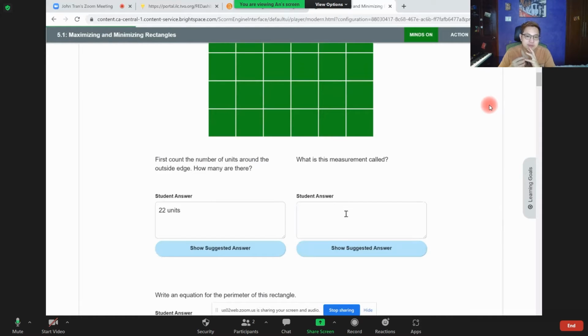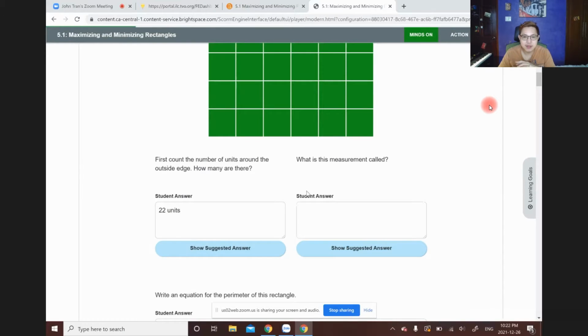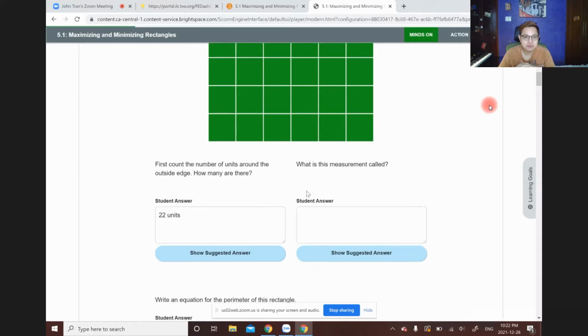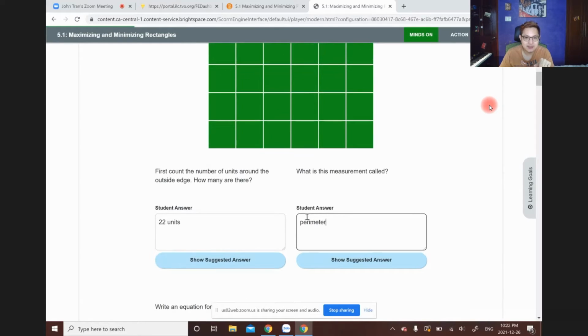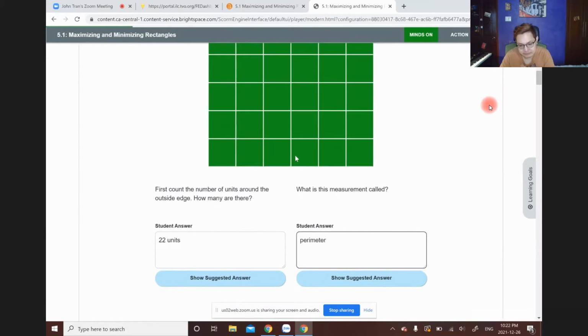Okay, so first, count the number of units around the edge. What's the measurement called? Around the outside edge, just around, right? Just the perimeter. It's just the perimeter, which means around, surrounding something.